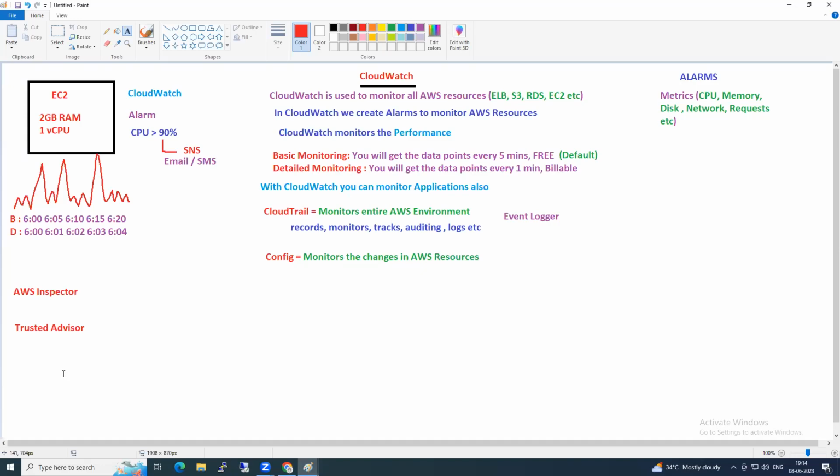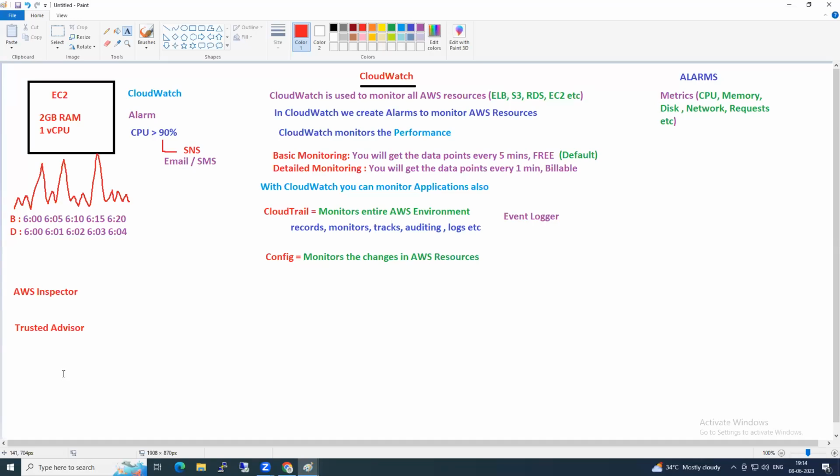What is the protocol used to connect to Windows machines? So don't get confused with EFS, FSx. They're all services, right? I'm asking about protocols. In our starting days, as basics, we have learned this. To connect to Windows machines, we need RDP. To connect to your Linux machines, we need SSH.